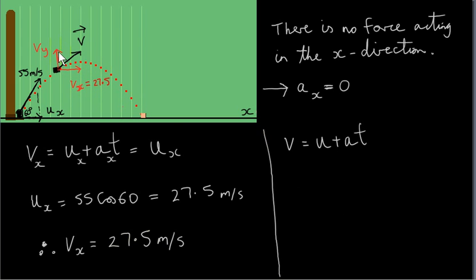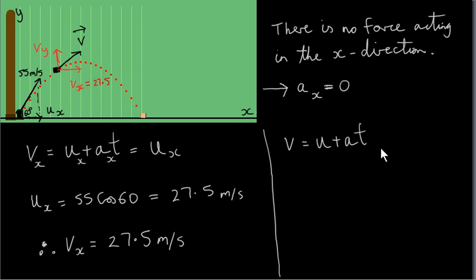Now what about Vy? Now again we can consider linear motion in the y direction. So we can treat the motion of this particle as a combination of linear motion in the x direction, Vx, and linear motion in the y direction.